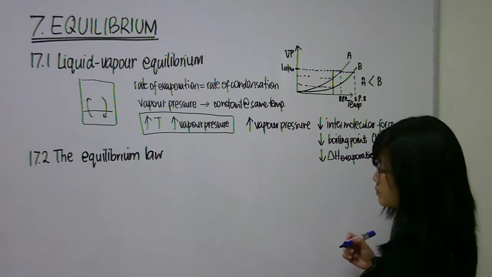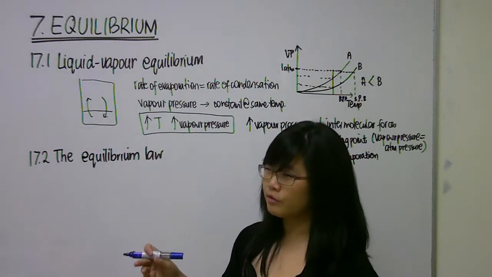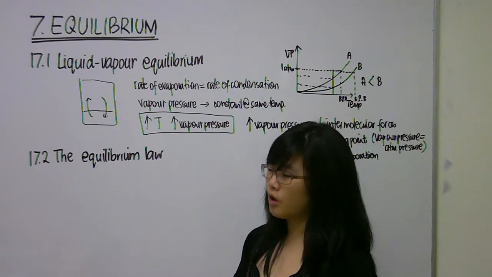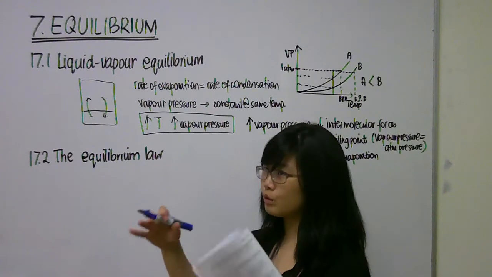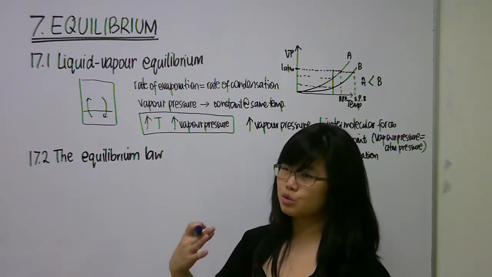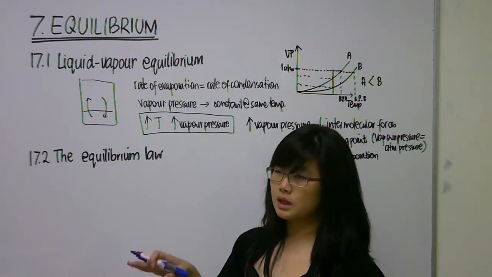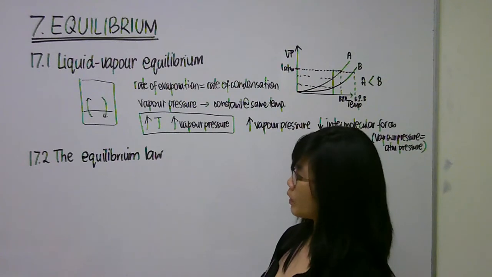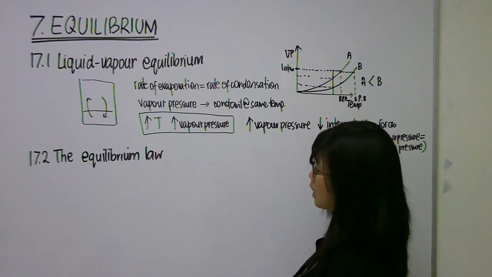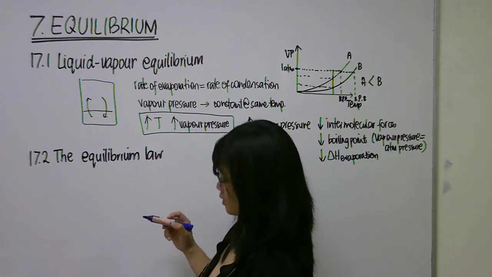Now, for the equilibrium law, it involves the calculation of different concentrations of product at equilibrium, or they can also ask you very simply what is the Kc of the reaction depending on the concentrations at equilibrium.